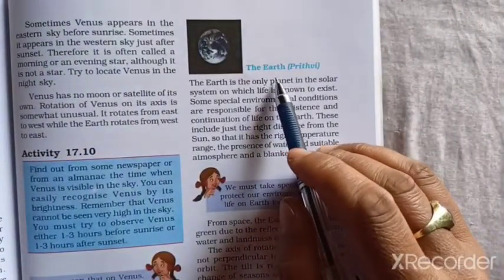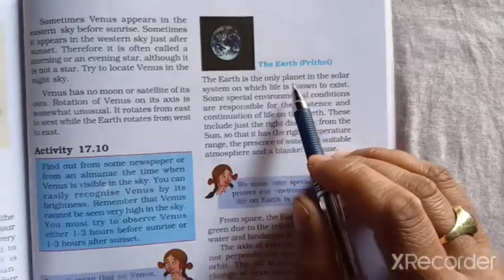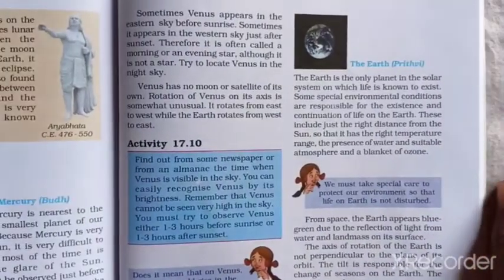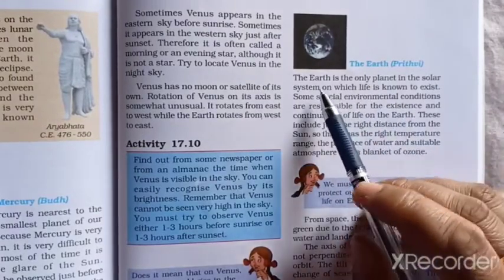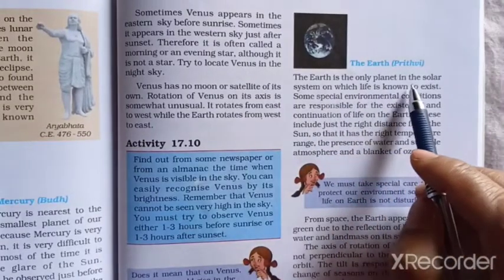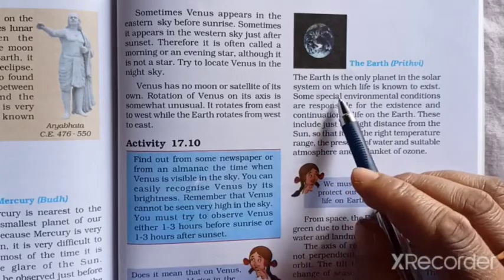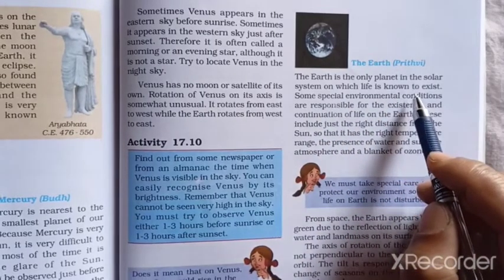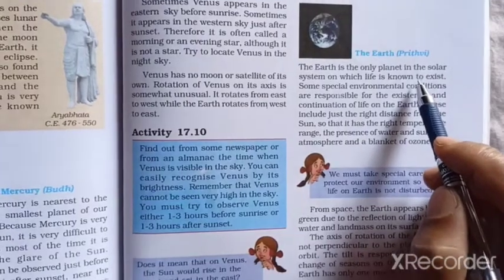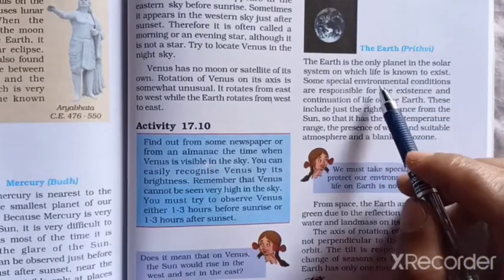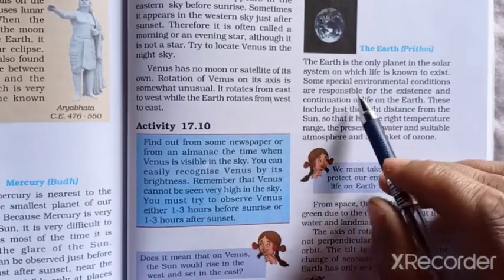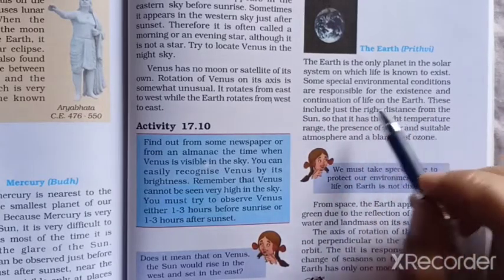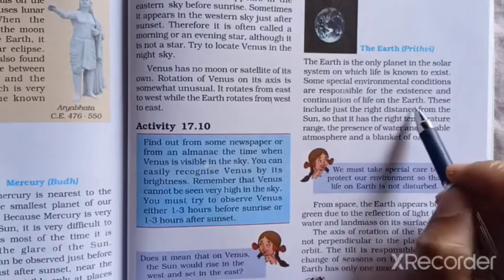Here the Earth, that is its indigenous name, that is called what? Prithvi. Let's see. The Earth is the only planet in the solar system on which life is known to exist. Some special environmental conditions are responsible for the existence and the continuation of life on the Earth.